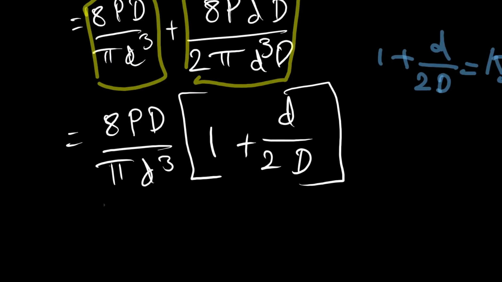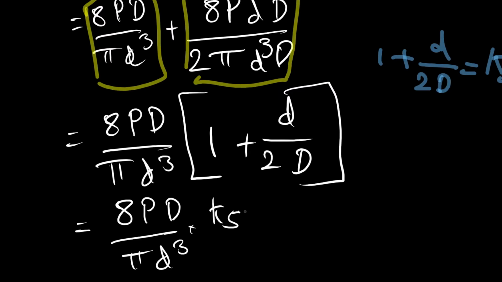So what we wind up getting as the final equation is, now over here Ks is the concentration factor which only takes into consideration the tensile stress and the torsional shear stress.